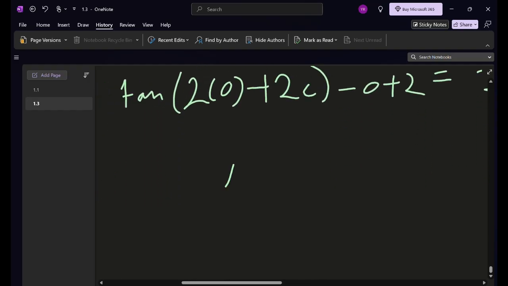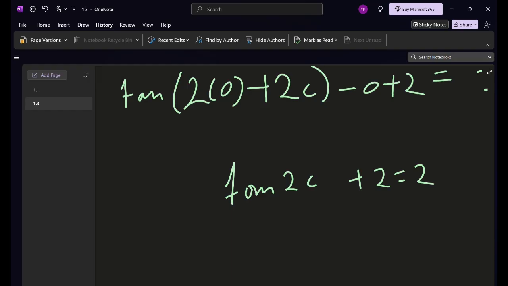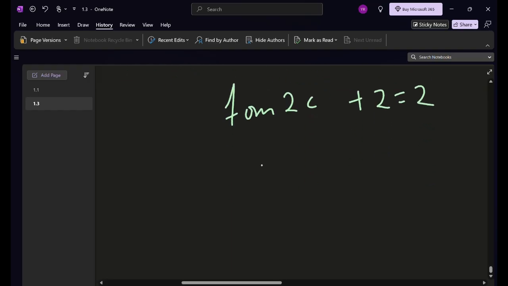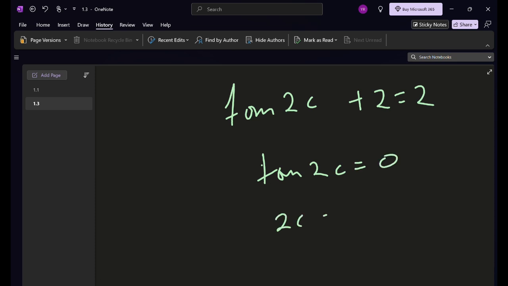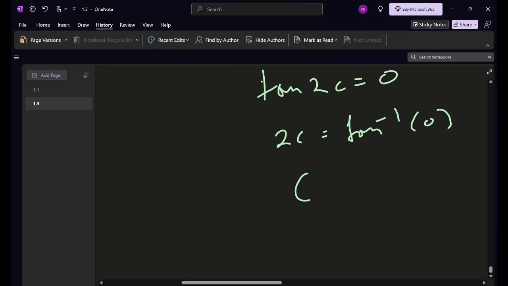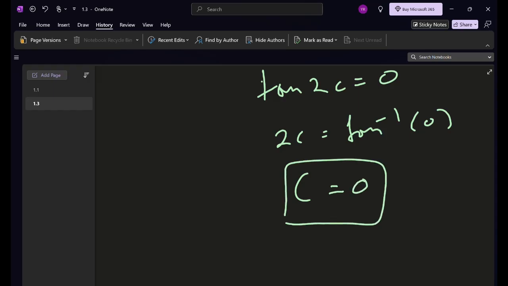From here we can write tan 2c plus 2 is equal to 2, which can be written as tan 2c is equal to 0. 2c is equal to tan inverse 0, which means c is equal to 0. And this is our answer.